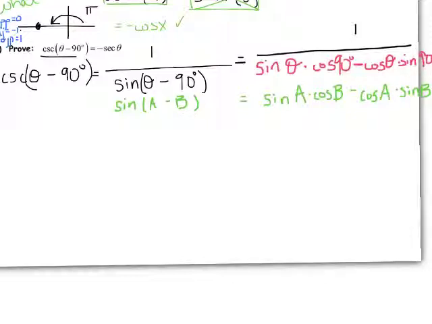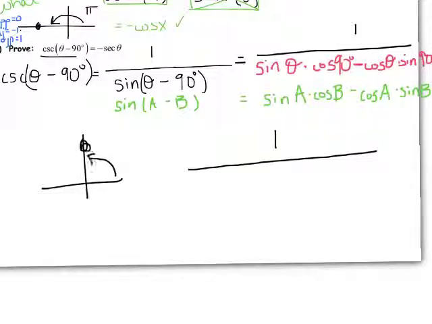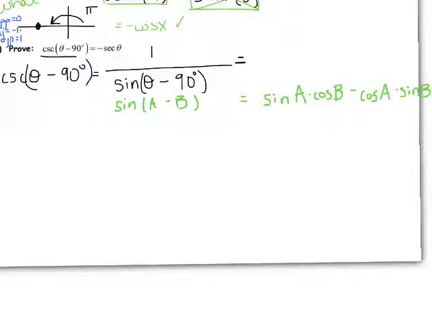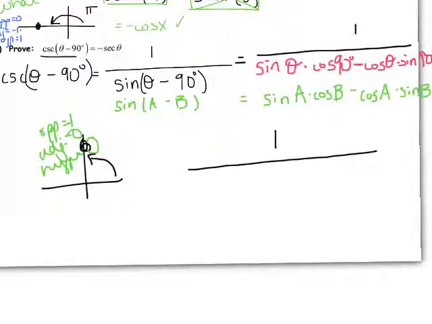All right, if we evaluate what we know how to evaluate with the 90 degree angle, your opposite is 1, your adjacent is 0, and your hypotenuse is 1.